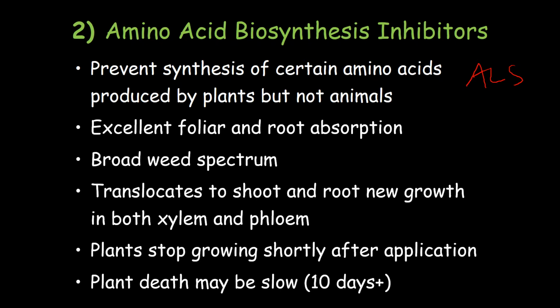Remember here, amino acids are essential building blocks in proteins and are required for production of new cells. So, ALS herbicides are readily absorbed by both roots and foliage and translocated in both the xylem and phloem to the site of action at the growing points.